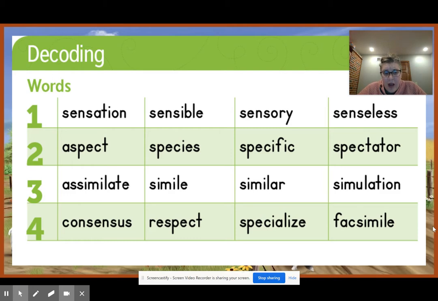Line 3, assimilate, simile, similar, and simulation. Very good. And the last line has a combination of the different roots. So we have consensus, respect, specialize, and facsimile. Very good. Okay, let's go on to our next slide.